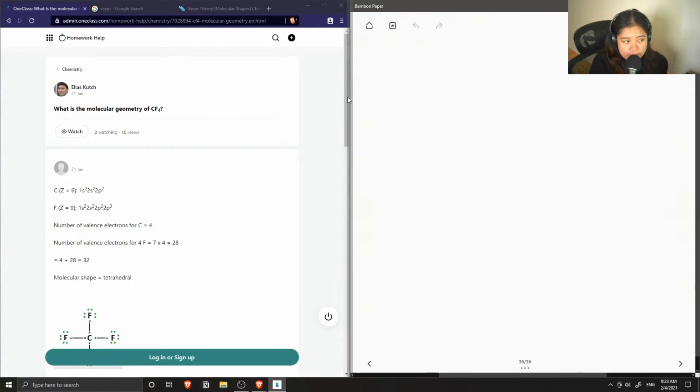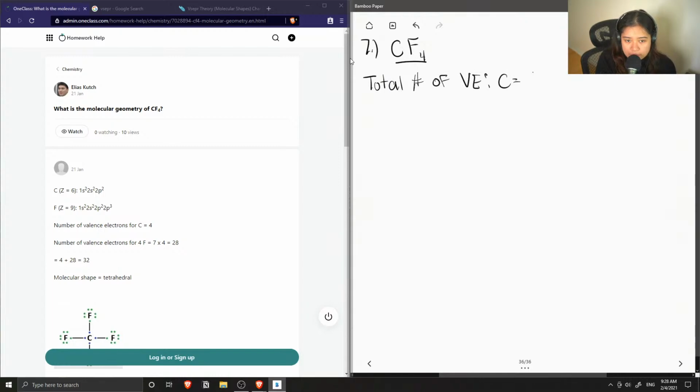Okay, so question number 7. What is the molecular geometry of carbon tetrafluoride? Okay, so to answer this question, we first need to draw out its Lewis structure. So in drawing the Lewis structure, we need to find the total number of valence electrons.